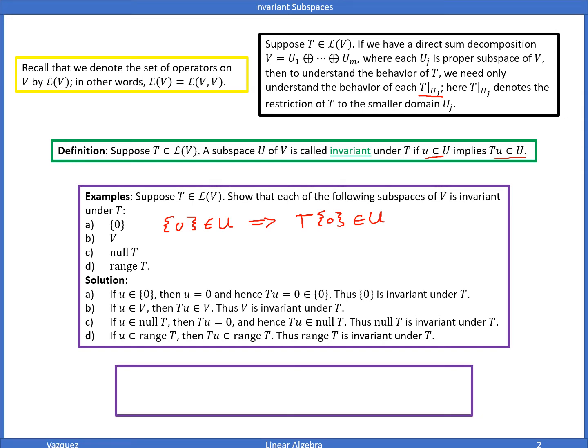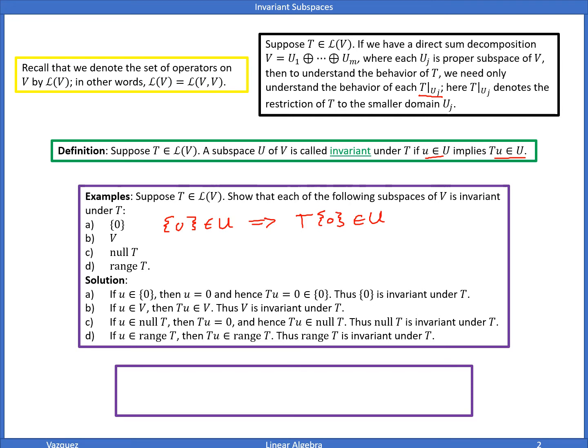There's another example, but before we move on, a question I've been asked before is, does T have to be an operator, or can we have an operator that has invariant subspaces that aren't 0 and V? The answer is yes, and we're going to see that later.